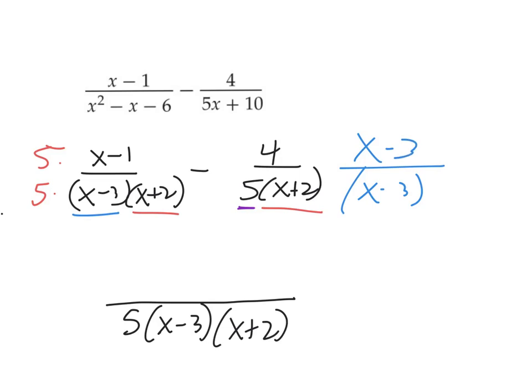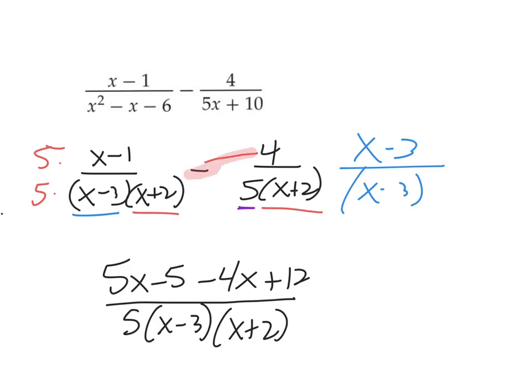Okay, so now I actually do need to distribute, and keep in mind that this minus goes with the 4. So it's like minus 4. So when I distribute the top on the left, I get 5x minus 5. And on the right, I get minus 4x plus 12. Because of this minus sign being connected to the 4.